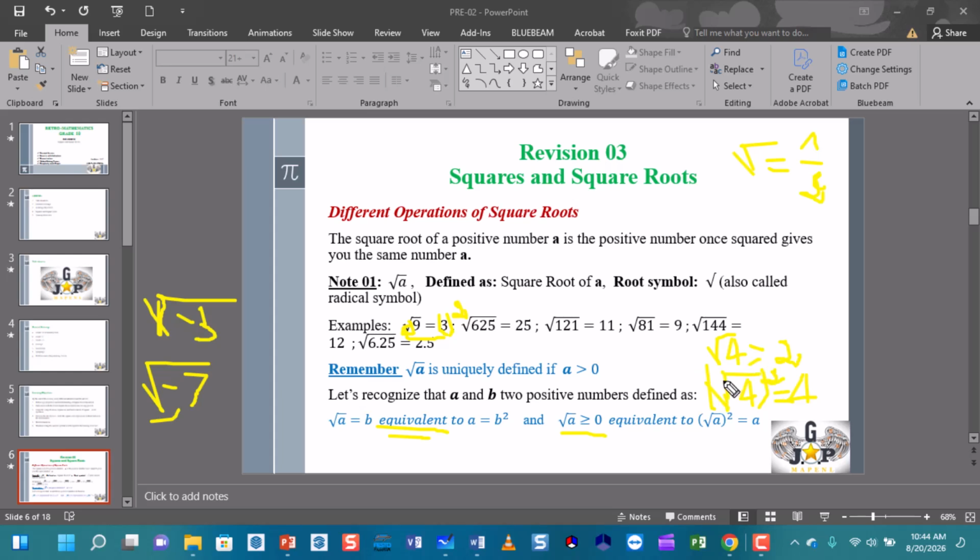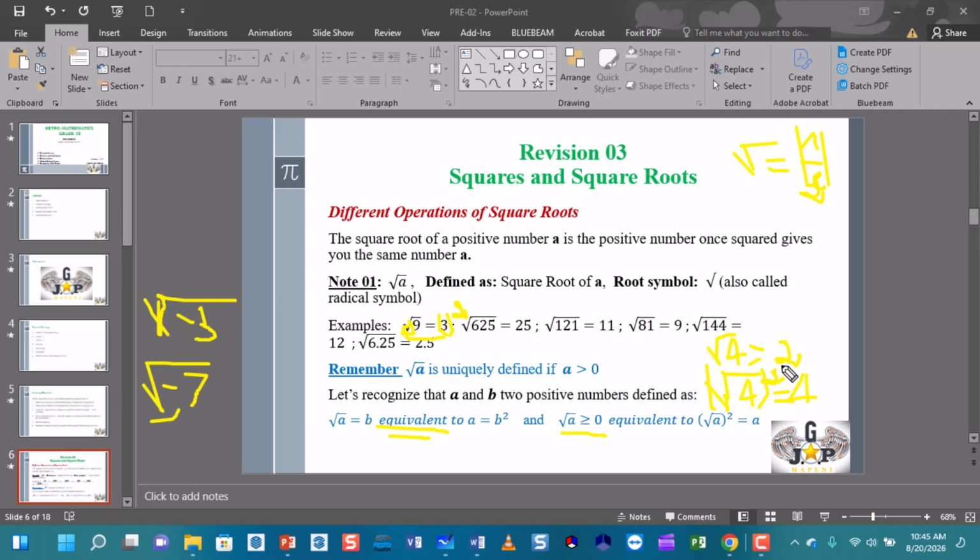So the exponent of this square root, the radical symbol, is a positive number, which is one half. Because this half is an exponent, we multiply the exponent of the radical symbol by the exponent given to you, which in this term gives 1, because half times 2 gives you 1.